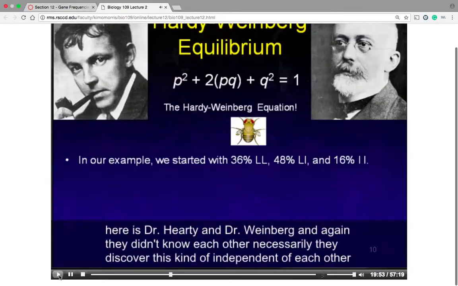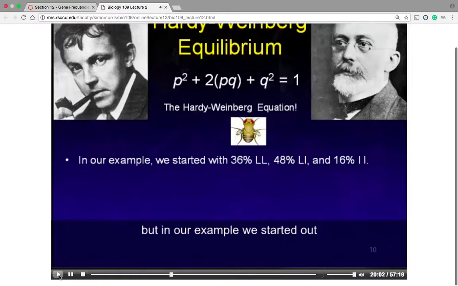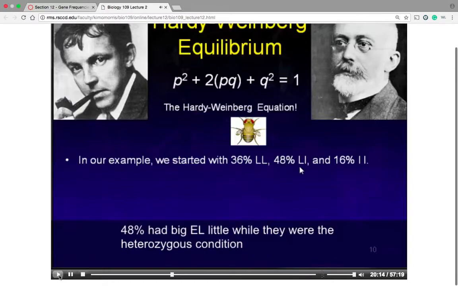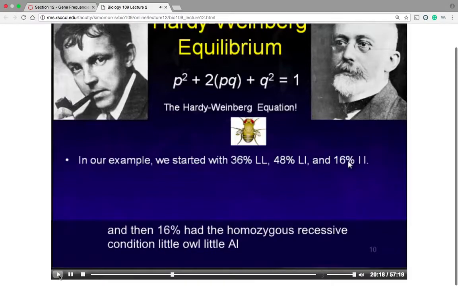So let's take a closer look at the example that we used. Here's Dr. Hardy and Dr. Weinberg. Again, they didn't know each other necessarily. They discovered this kind of independent of each other. But in our example, we started out with 36% or 36 individuals that had the homozygous dominant condition, big L, big L. 48% had big L, little l, they were the heterozygous condition, and then 16% had the homozygous recessive condition, little l, little l.